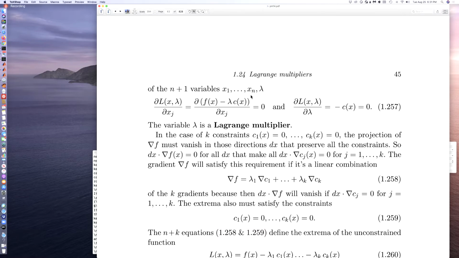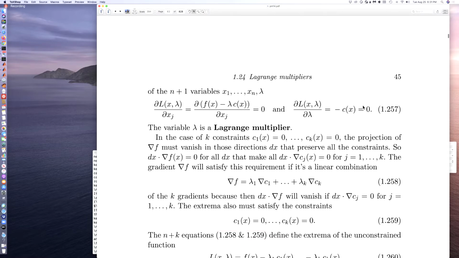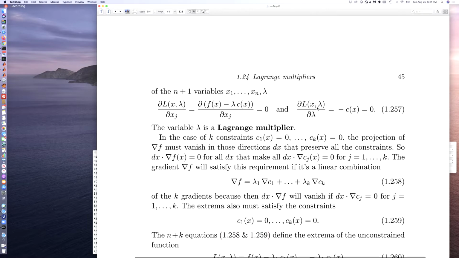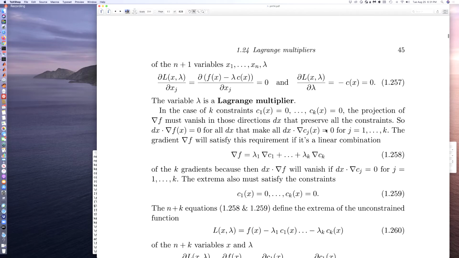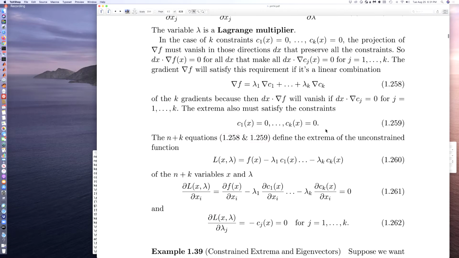That gives you these two equations, which you can then solve for the extrema subject to the constraint, and you also wind up with a value of lambda if you want it, but it's rarely useful.